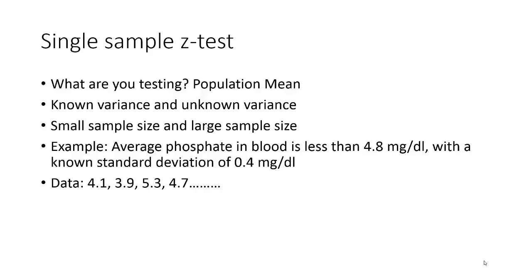We've not discussed that. It can be 5, 10, 20, 30, 40 data points, and the idea here is that you know the variance. So I've said that it's a known standard deviation of 0.4 milligrams per deciliter. So just mind you that this is the standard deviation not of the data set of the samples that you got, but it is the standard deviation of the population. So it's like this.